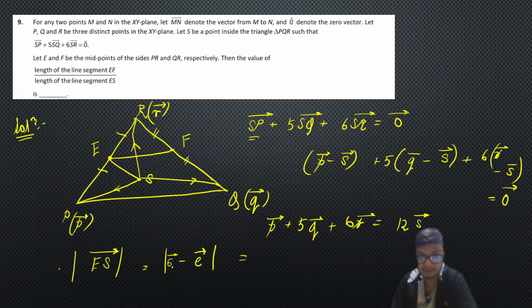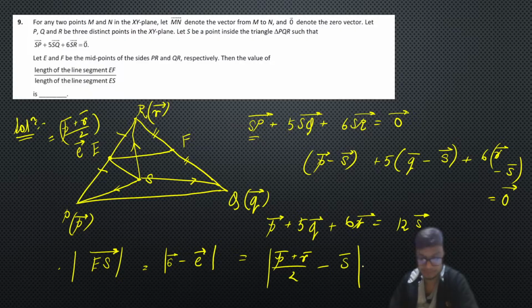The small e vector, the position vector, can be simply given by the midpoint formula, which is (p vector plus r vector) by 2. So if I replace it over here, I get (p vector plus r vector) by 2 minus s vector, and a mod of it.